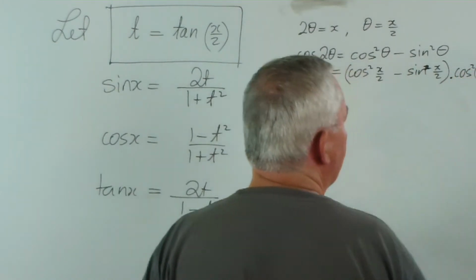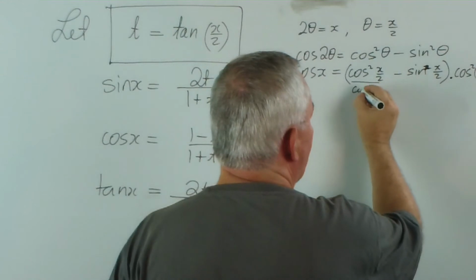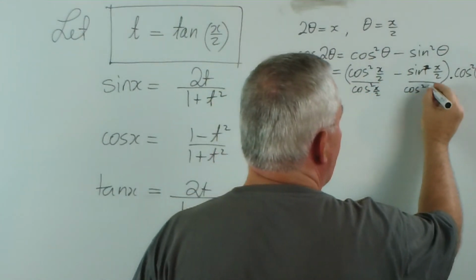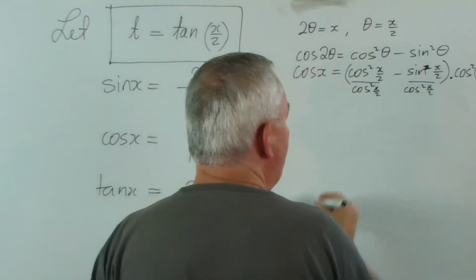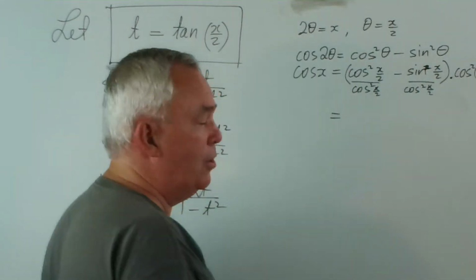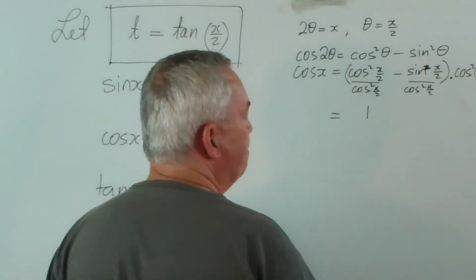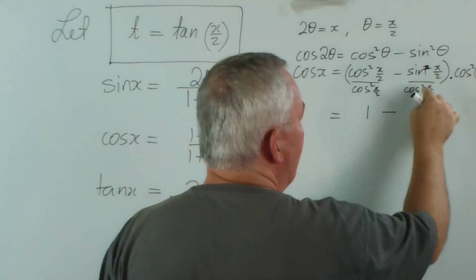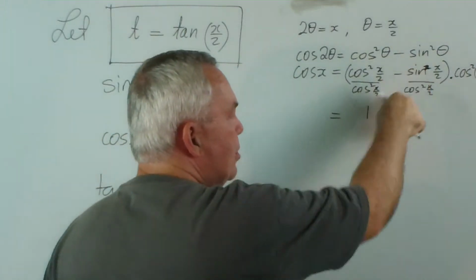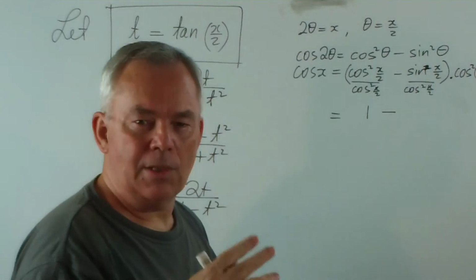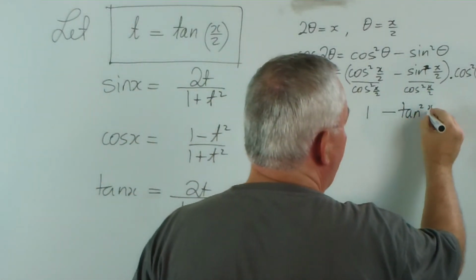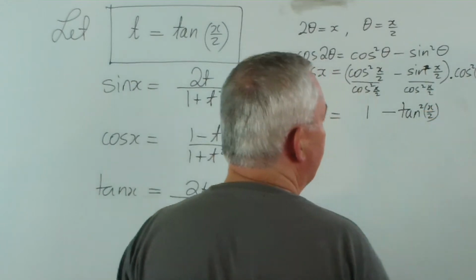So let's do that and divide this by cos squared x on 2 and this by cos squared x on 2. So what do we get? Cos squared x on 2 divided by cos squared x on 2 is 1 minus sine squared x on 2 over cos squared x on 2. Since we know that sine x over cos x is tan x, this is tan squared x on 2.